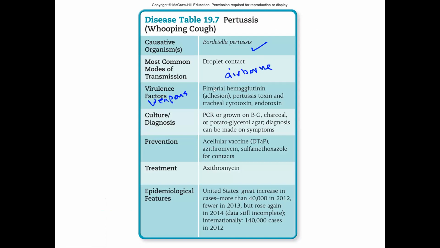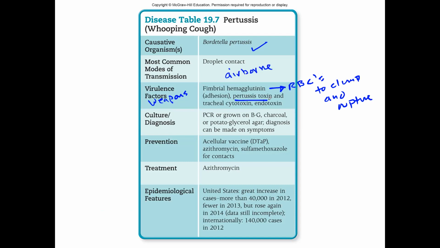Filamentous hemagglutinin, okay, meaning what? Causes RBCs to clump and rupture.